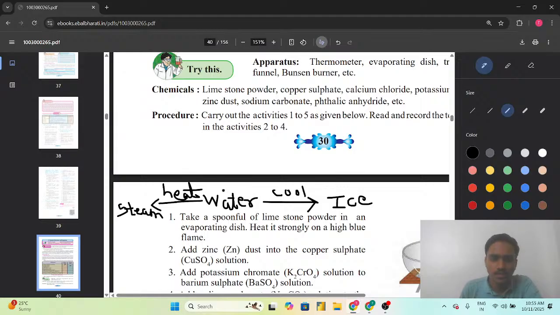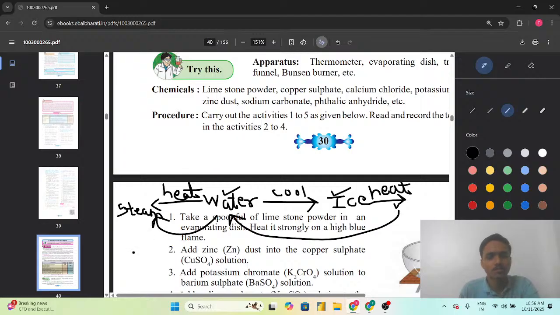So, as we can see here, the water in the liquid state, when cooled, is converted into ice. If we again provide heat to the ice, it will again get converted into water. And water on heating gets converted into steam, that is the gaseous state.